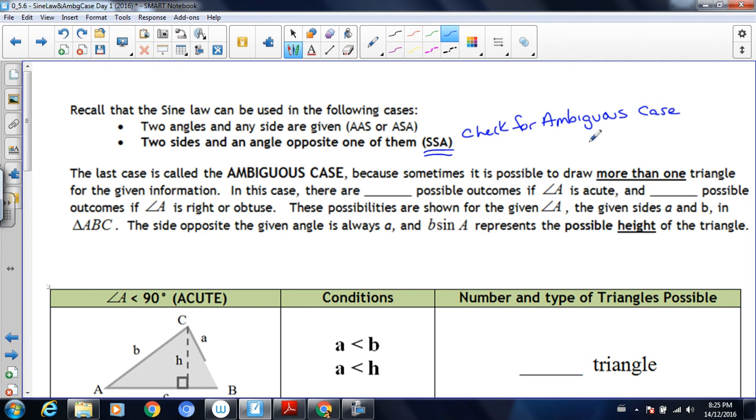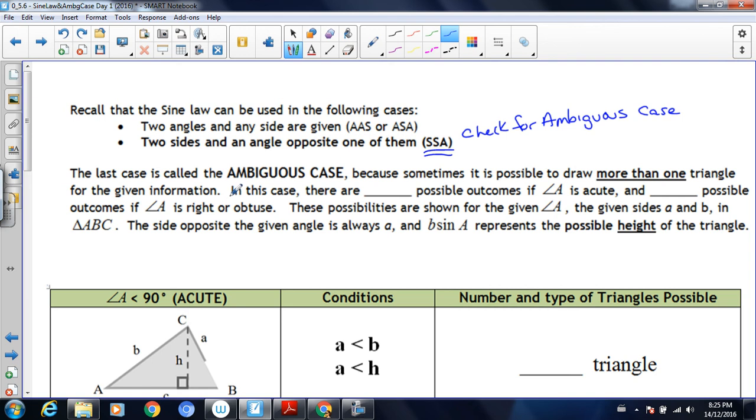Well, the ambiguous case is when you can create two triangles from one of the side measurements. The last case, when you have two sides and an angle, is called the ambiguous case, because sometimes it is possible to draw more than one triangle for the given information.